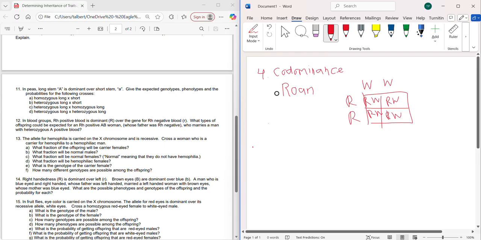Cross a woman who is a carrier for hemophilia to a hemophiliac man. So again, we need to figure out what type of inheritance pattern this is. Because it's talking about the X chromosome, we can confidently say that this is sex-linked.